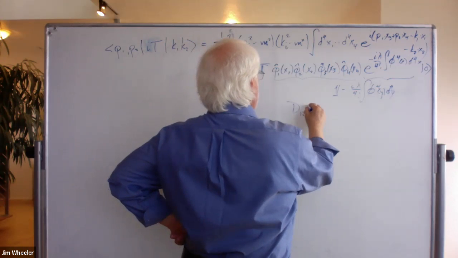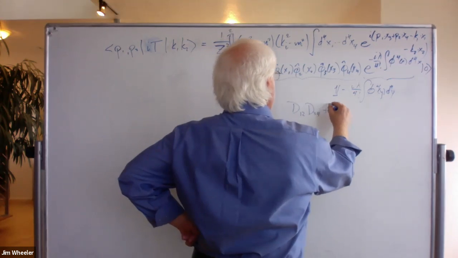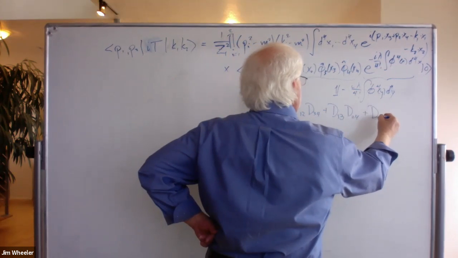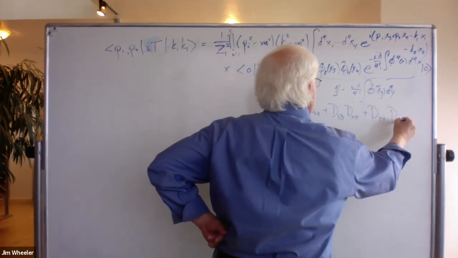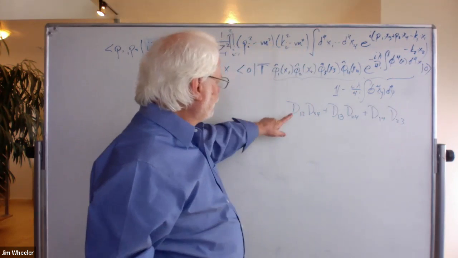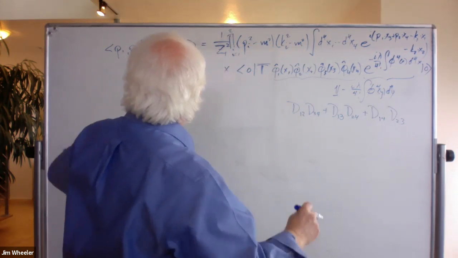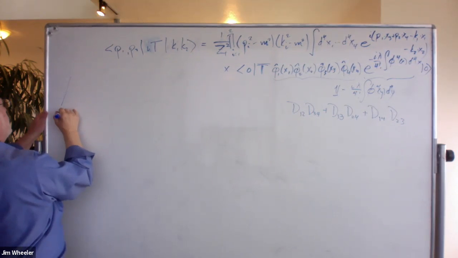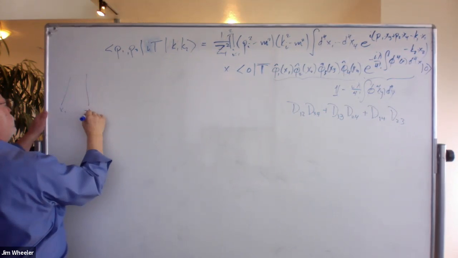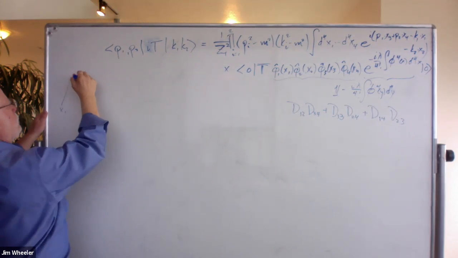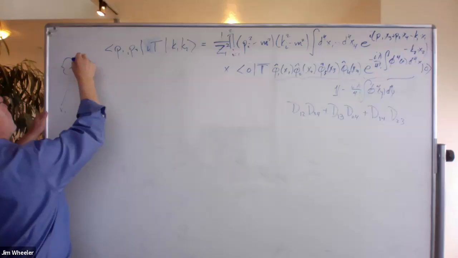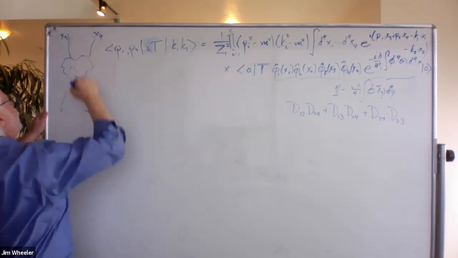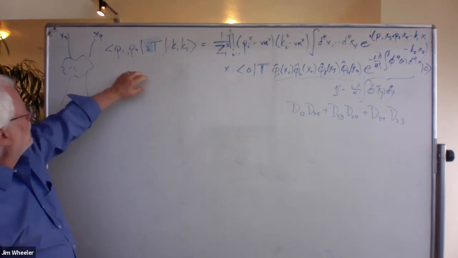So we had D1,2 D3,4 plus D1,3 D2,4 plus D1,4 D2,3. Now, 1,2 and 3,4, our picture is X1 and X2 going into an interaction region, and X3 and X4 coming out with corresponding momenta.